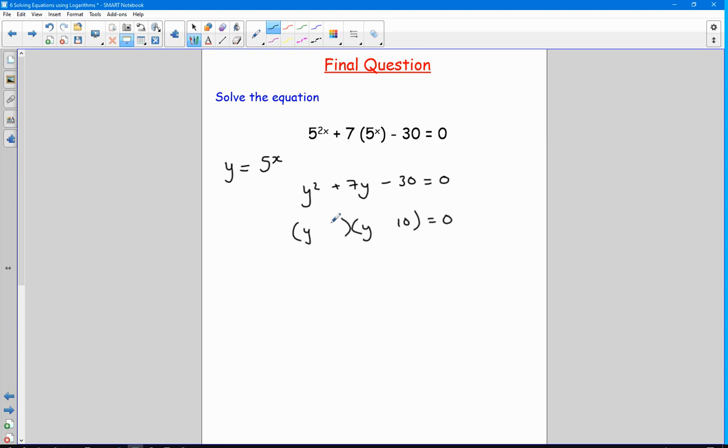We've got 10 and 3, so it's plus 10 and take 3. So y is 3, or y equals negative 10.